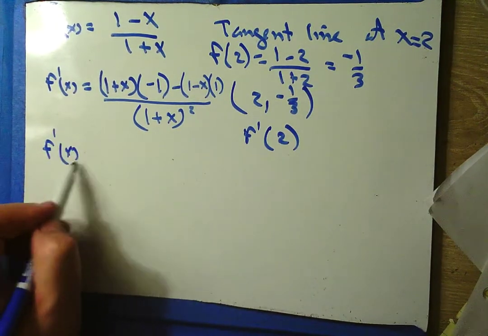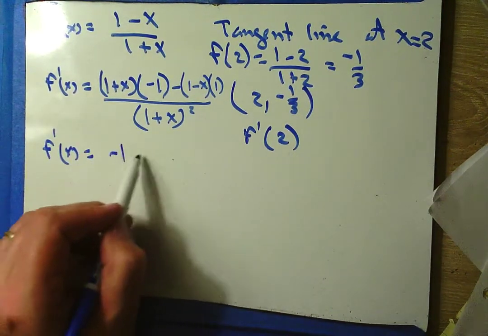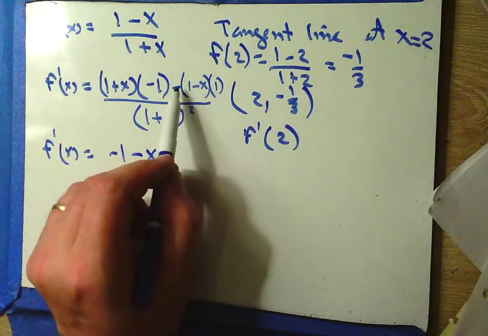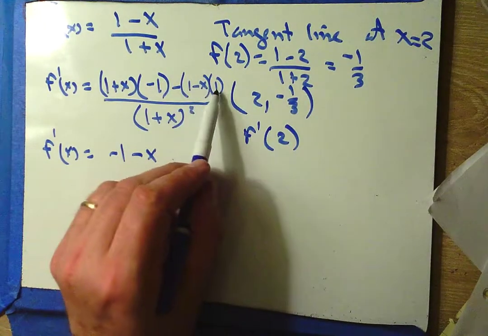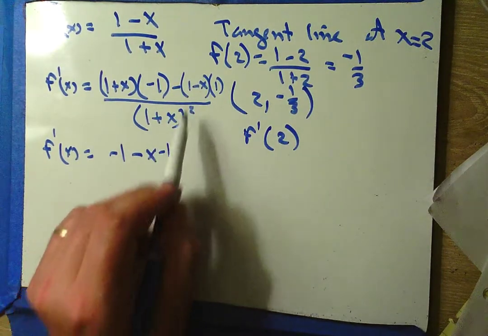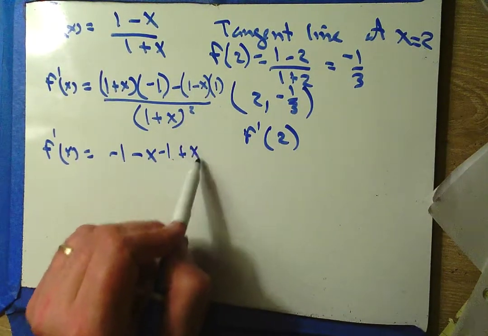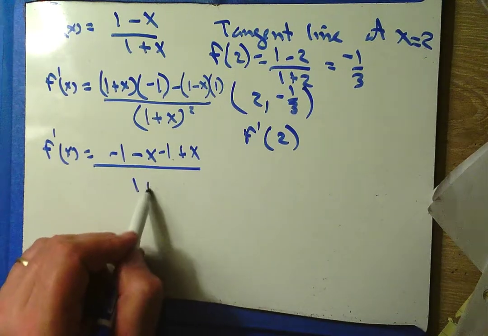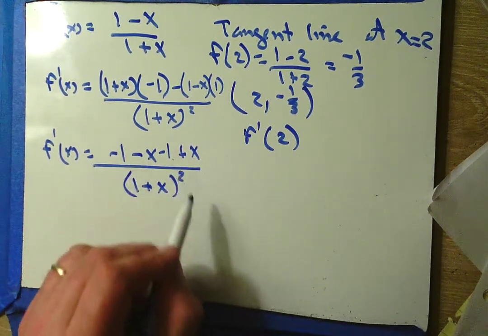So f prime of x equals negative 1 minus x. Careful here, there's a lot going on. 1 times this stuff, well, it's just that stuff. So negative 1 minus a minus is plus x over 1 plus x squared.